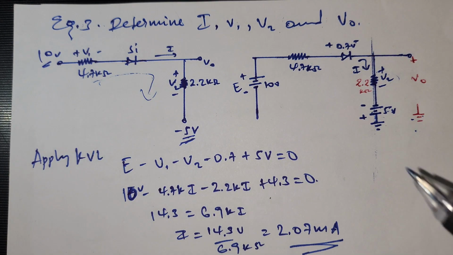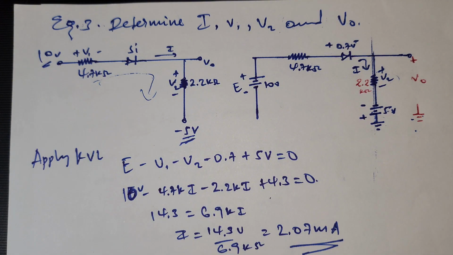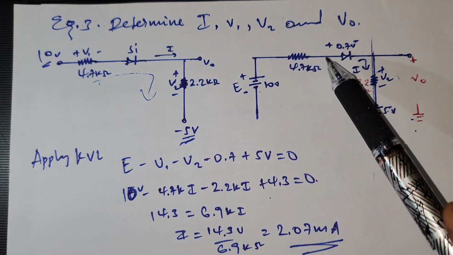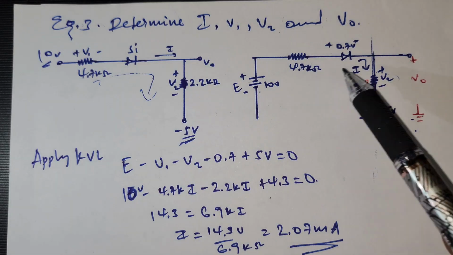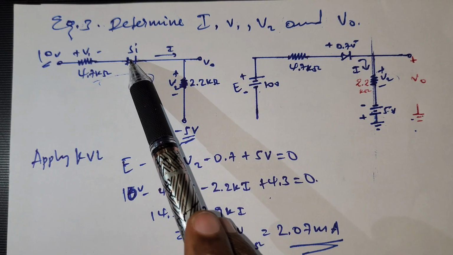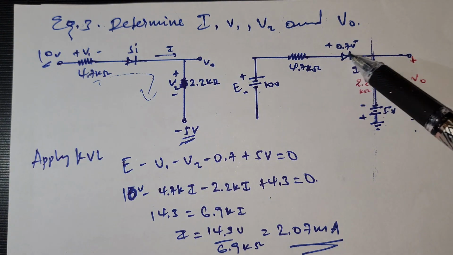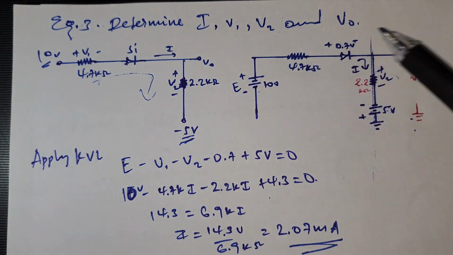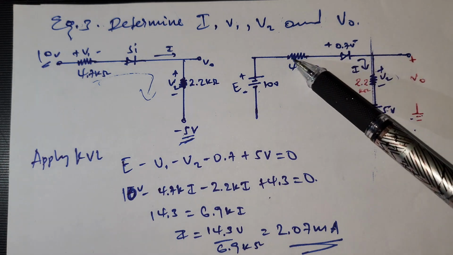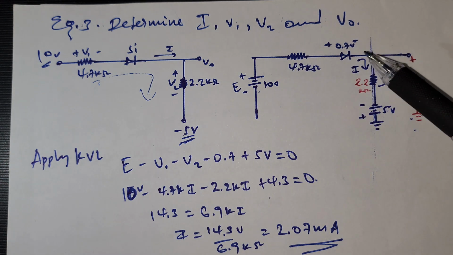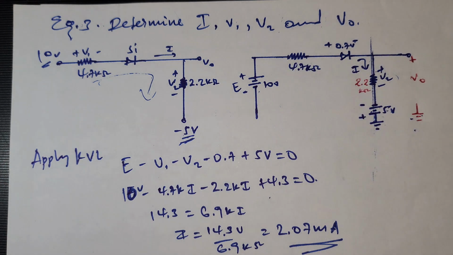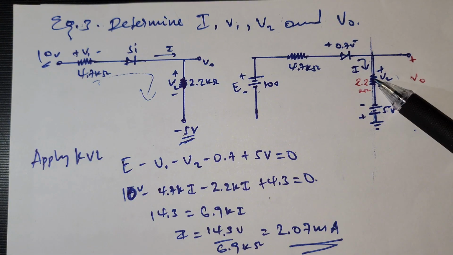So we apply KVL right here. We have a source, a 4.7 kilo ohm resistor, and a silicon diode, which consumes 0.7 volt in order to transmit a voltage. So the silicon diode is set in the forward bias direction. Then we have a resistor and a battery.